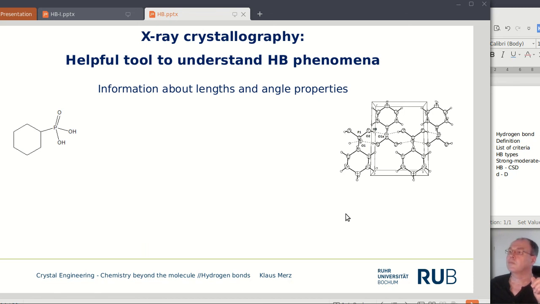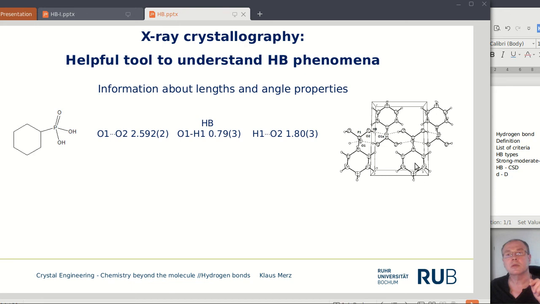Now, one step further, looking at the hydrogen bond values. We talk about phosphoric acid. This is a crystal structure of phosphoric acid. You see here we have an OH in a covalent bond, and there is an interaction to the oxygen of the neighboring molecule.